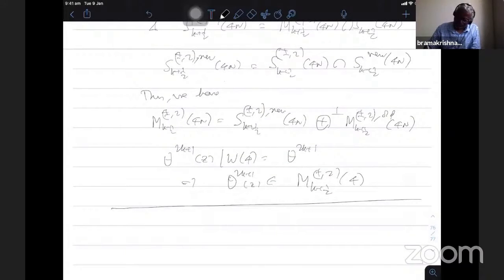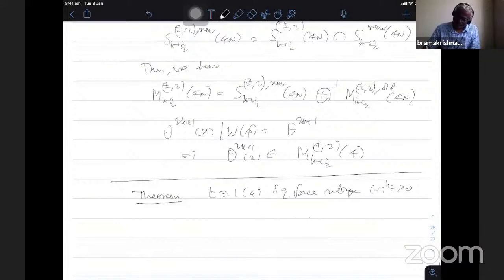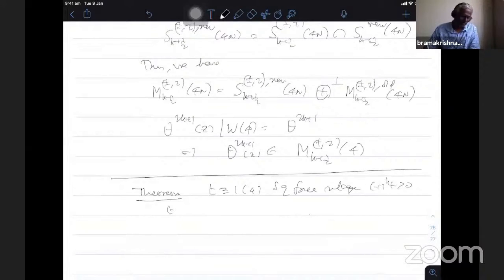Theorem. So take a square free integer t with (-1)^k t positive, and then assume that t is relatively prime to the level, and assume that the Kronecker symbol (t/2) is -ε_k.